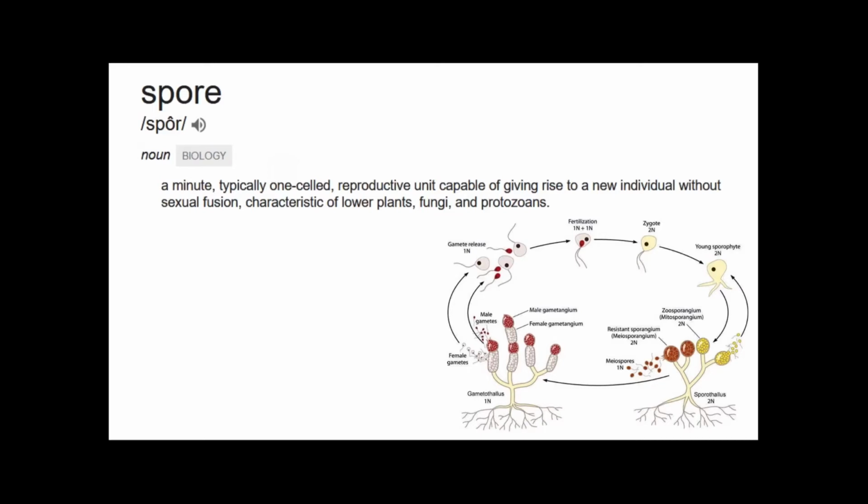All the tissues and cells in it are 1N, but it continues to grow and reproduce, and it gets bigger, and finally it kind of looks like the sporothallus, but the difference is that its genetic information is halved. It's 1N. So this whole gametothallus is haploid. Then it goes through mitosis and modifies some of the structure of its cells and creates gametes. Now, what's the difference between those gametes and those meiospores?